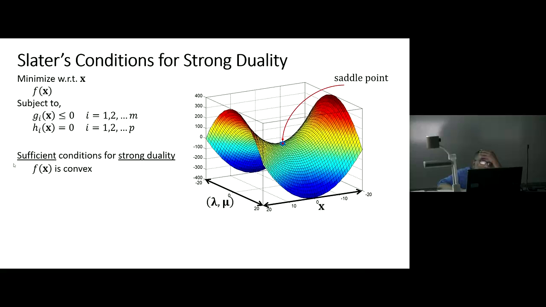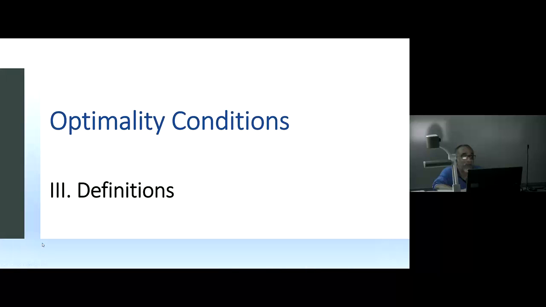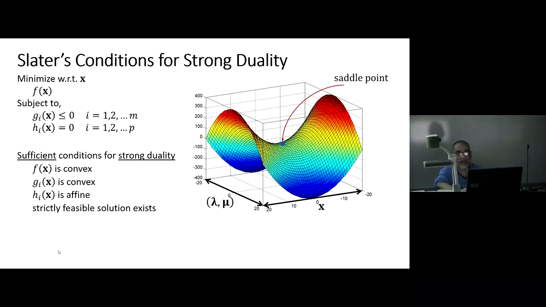So f of x is convex, g_i of x is convex for each i, and h_j of x is affine. And a strictly feasible solution x naught exists. So this graphical illustration probably helped you understand duality.